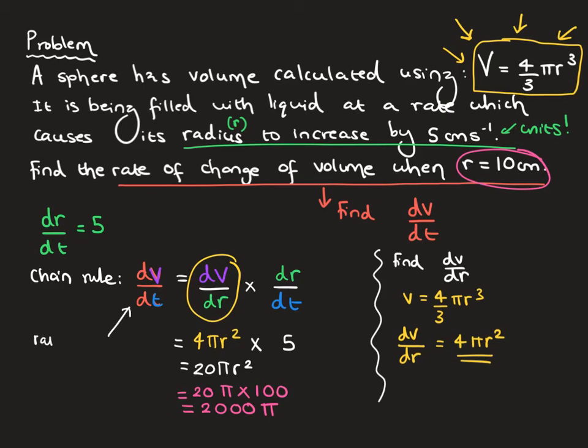It's the rate of change of volume, v, with respect to time, t. So it's centimetres cubed per second, or centimetres cubed seconds minus 1. So the units can tell you an awful lot. The units can tell you which rate of change you're dealing with, and the rate of change will also tell you the units that you are looking for.